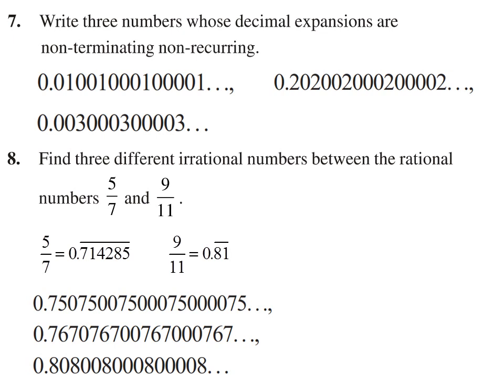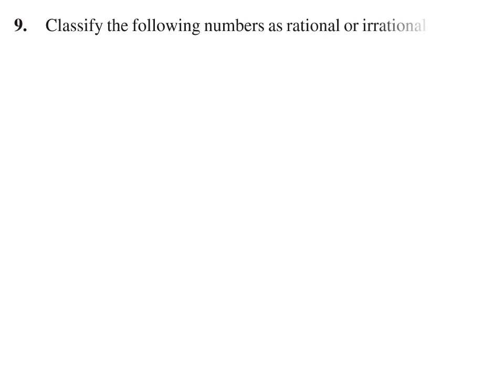Now the next question is the ninth question. Classify the following numbers as rational or irrational. This is the last question of your exercise. You have to categorize the given number as rational or irrational. Sometimes you have to simplify the question first, and then categorize it.